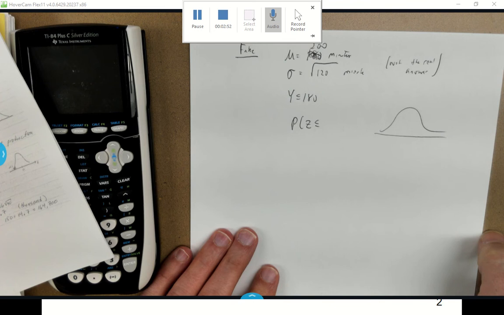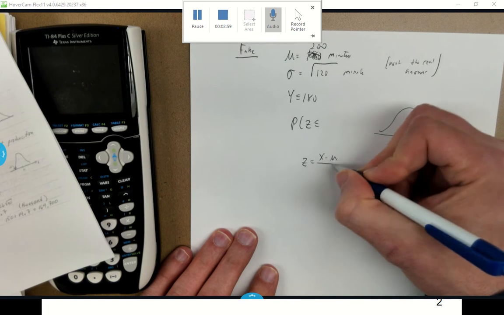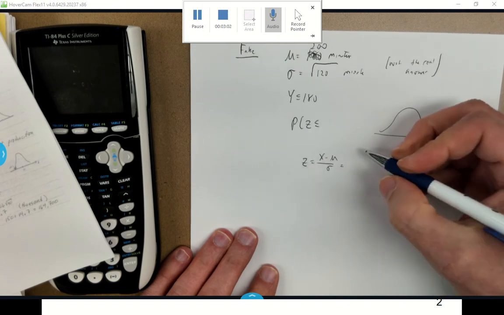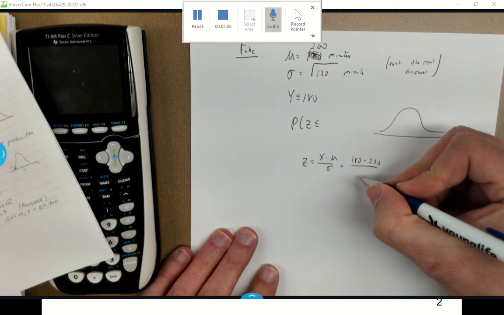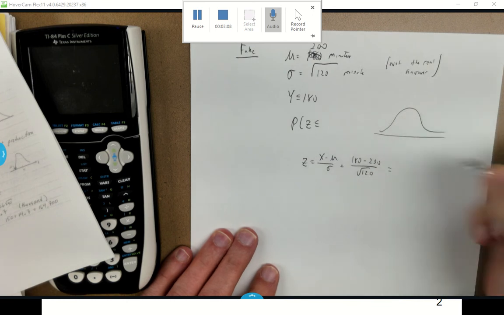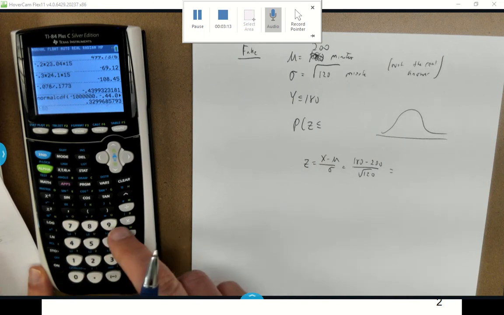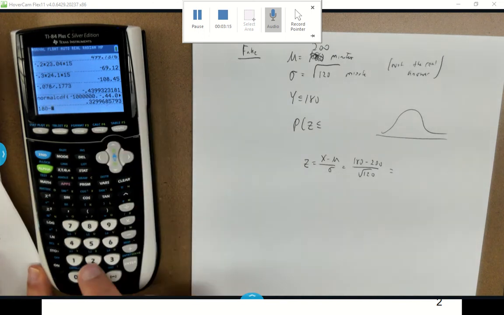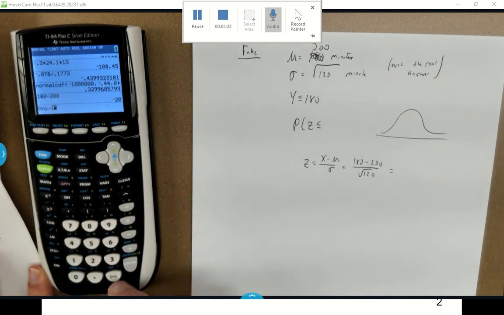So z is equal to x minus mu over sigma. In other words, 180 minus 200 over the square root of 120, and you'd get a value that way.